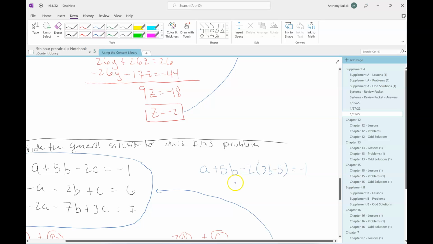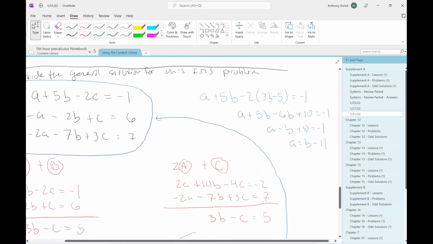And now I'm just going to go ahead and simplify and get the A by itself. So A equals B minus 11.